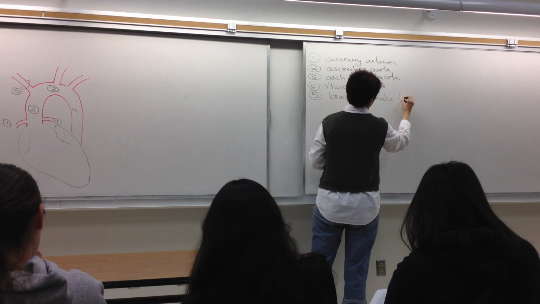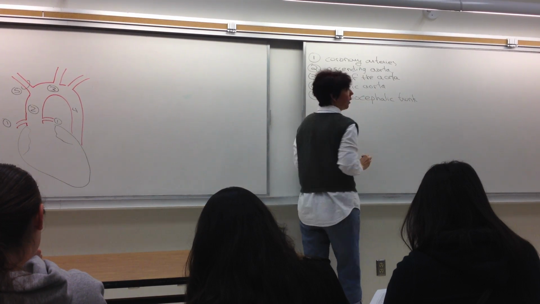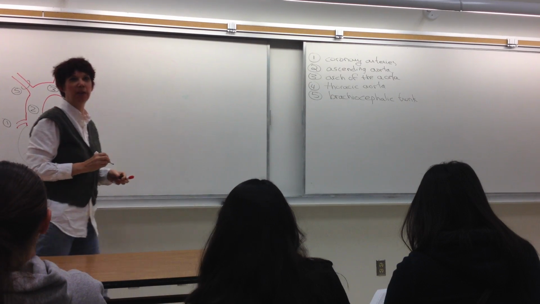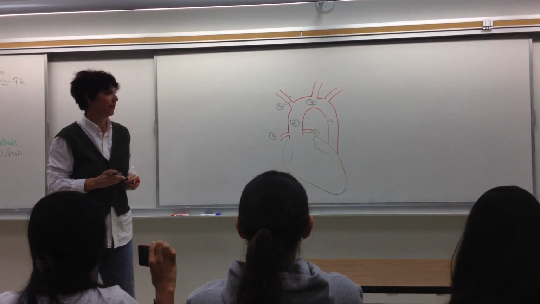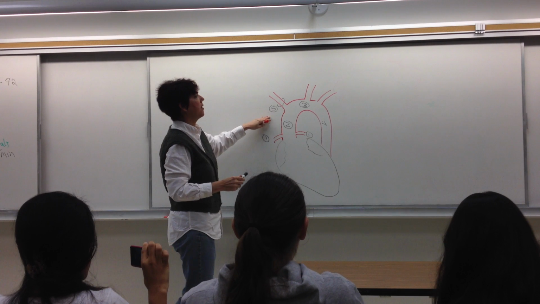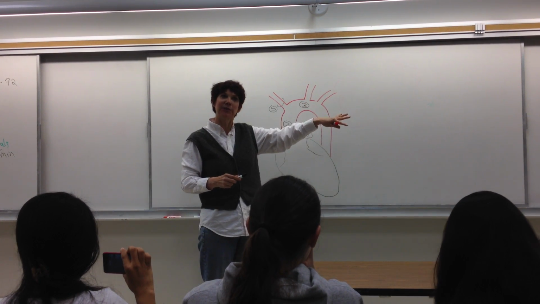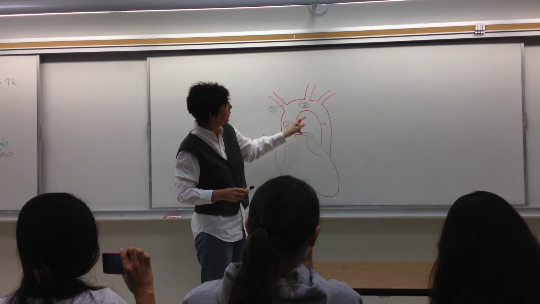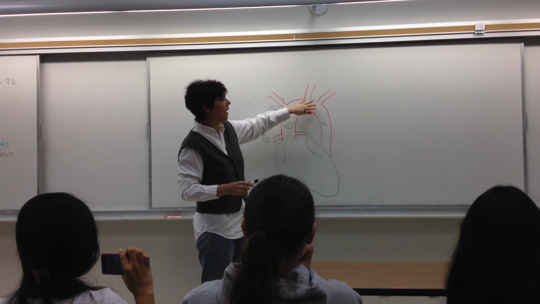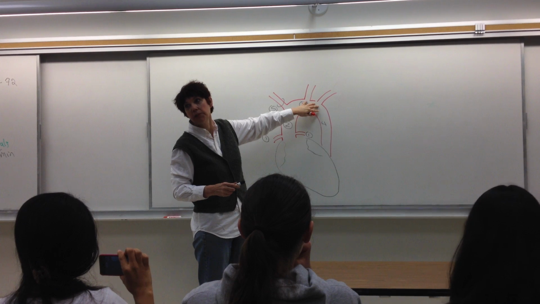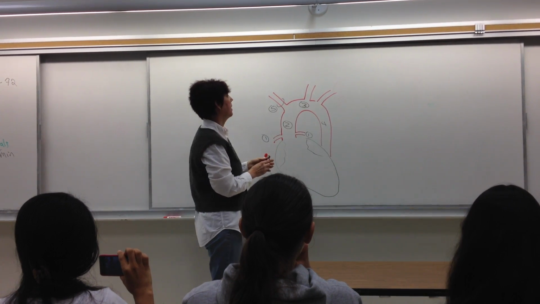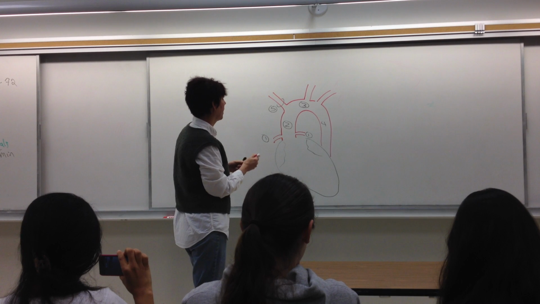So this has 2 branches, one going to the right arm and one going to the right side of the head and the neck. We do not have a brachiocephalic trunk on the left side. In the fetus, you used to, but as the arch grew, it gradually resorbed that left brachiocephalic trunk, and so it's absent by the time the infant is born.